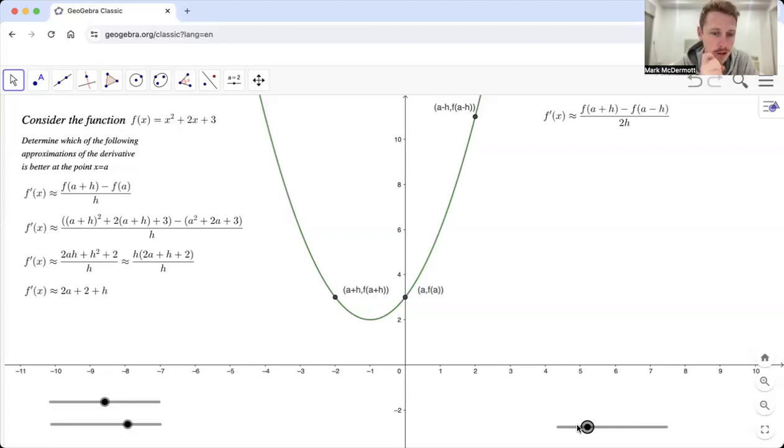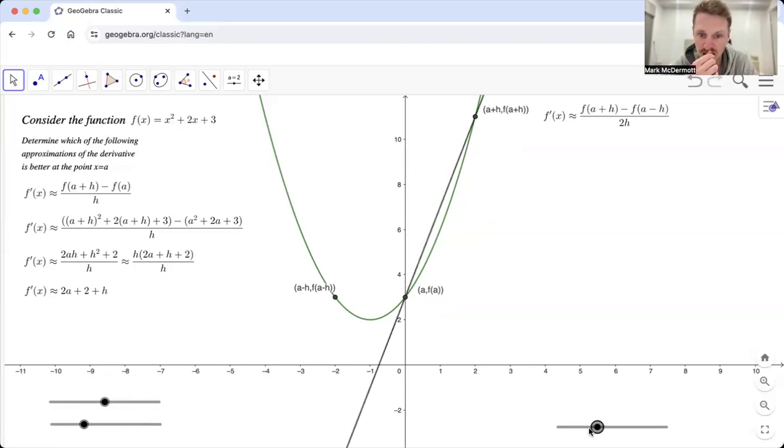Okay, now let's think about what's going on in this diagram for that. If you think about it, what we're doing is basically finding the gradient of a line between a and f of a plus h, and that's what that represents there. So let's put that line in.